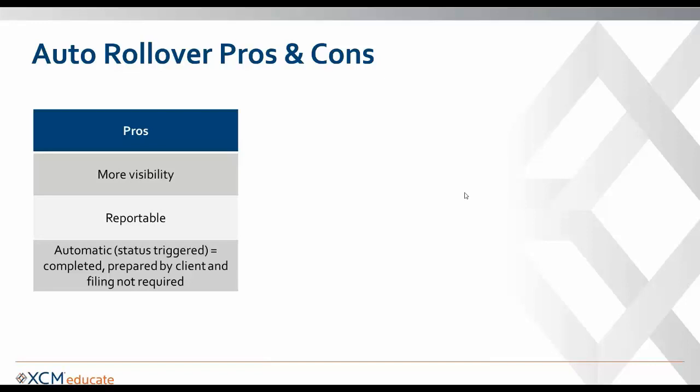Some of the pros to the auto rollover is that you have visibility. These tasks are out there and they're ready to be seen and ready to be searched for. They're also reportable. Because they're visible out in the system, if you wanted to run a due date report that would include your auto rollover tasks, they would be included.